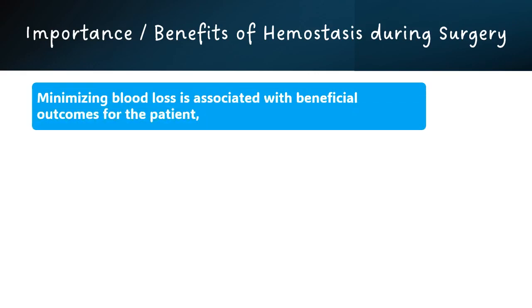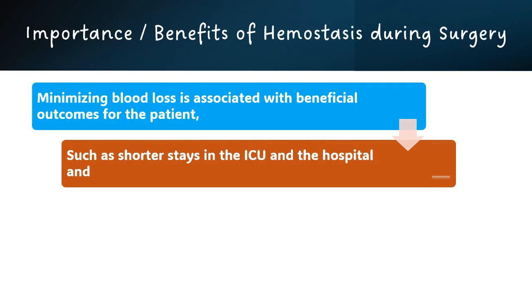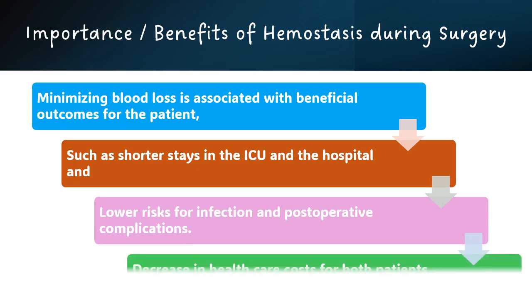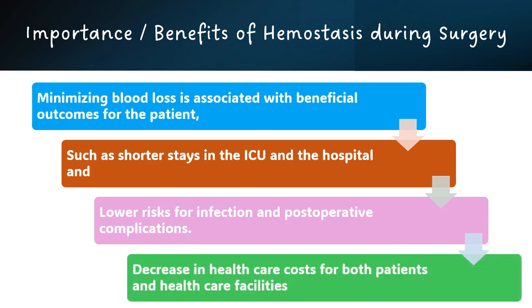Minimizing blood loss and reducing the need for blood transfusions during surgery are associated with beneficial outcomes for the patient, such as shorter stays in the ICU and the hospital, and lower risks for infection and post-operative complications. All of these benefits translate to a decrease in healthcare costs for both patients and healthcare facilities.